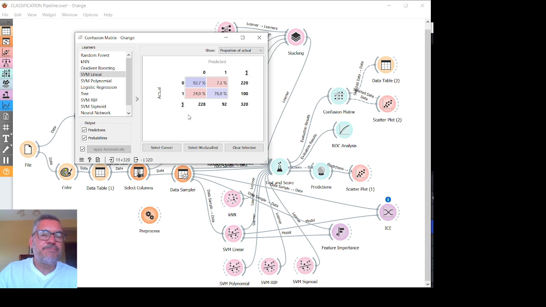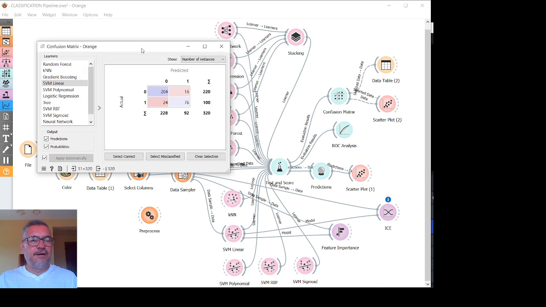Of course, for the people that were actually bad customers, they did not pay their credit cards, ones, there were a total of 100 people. We predicted as ones, bad customers, 76% of them, and we misclassified 24% of those people.